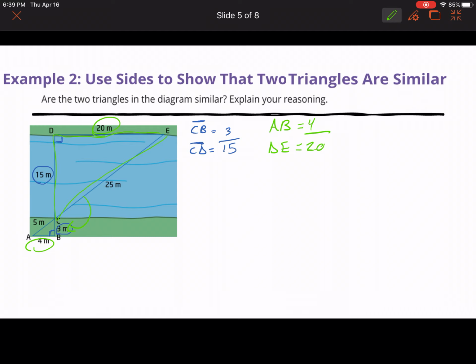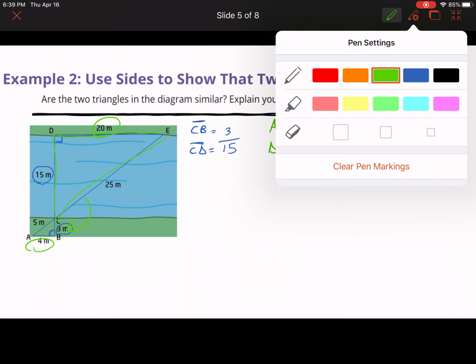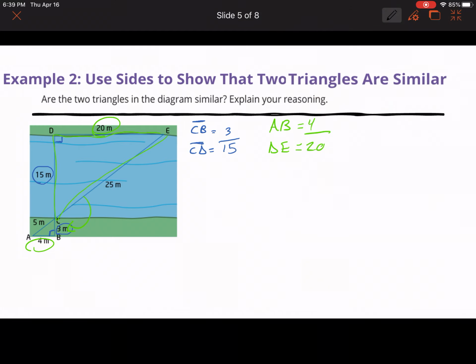Now our last two pairings, I'll do in black. We've got our hypotenuse bits, 5 and 25. The 5 is called line AC, and the other one is line CE or EC. It doesn't matter which direction you put the line in, as long as you've got one side to the other side.